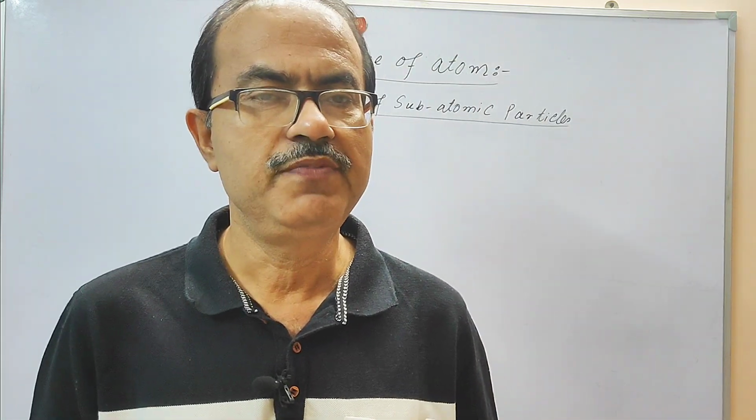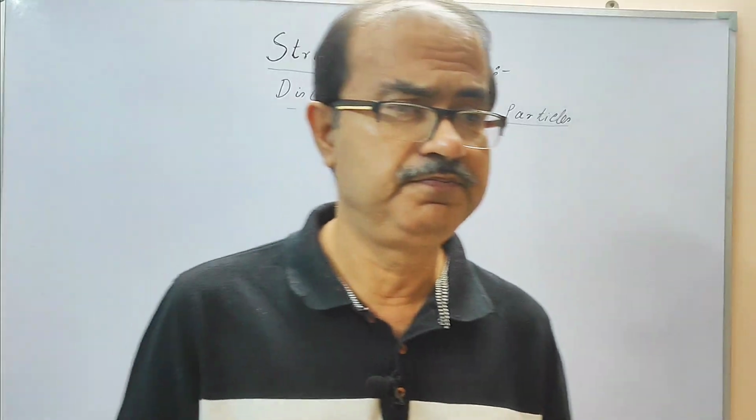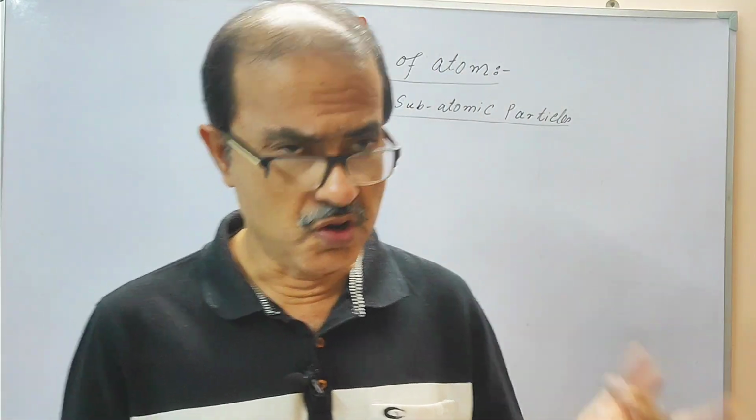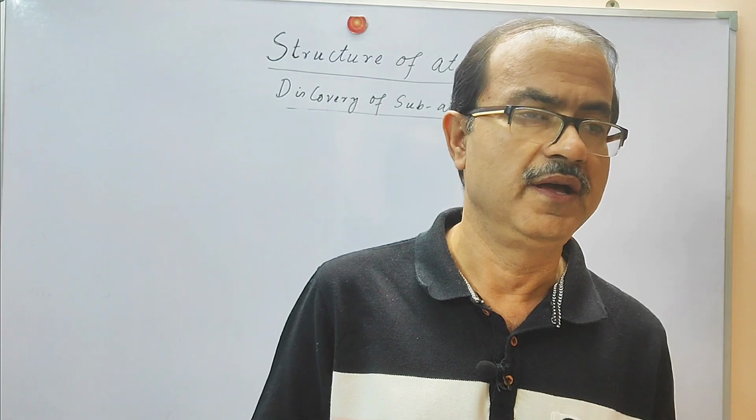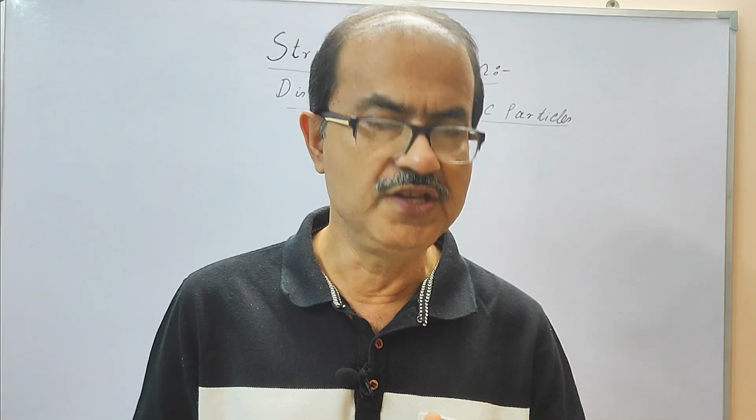Goldstein found the positively charged ray when he experimented again in the cathode ray discharge tube. When it is producing the cathode ray, now for this experiment he made some changes.